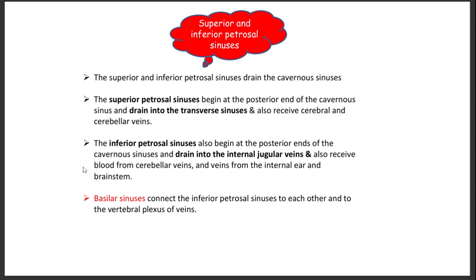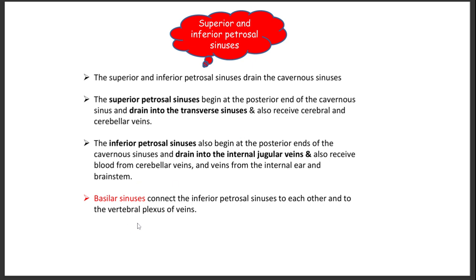And it also receives blood from cerebellar veins. So where does the inferior petrosal drain? Internal jugular vein. But remember again, the continuation of the internal jugular vein is the sigmoid. Where does the superior petrosal drain? It is the transverse sinus, depending on which side it is.